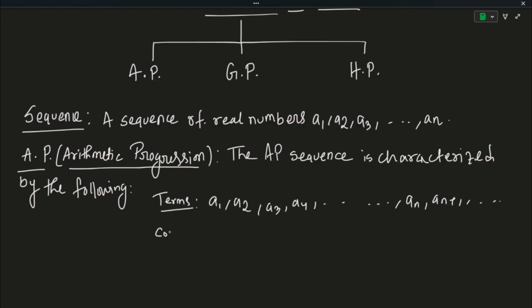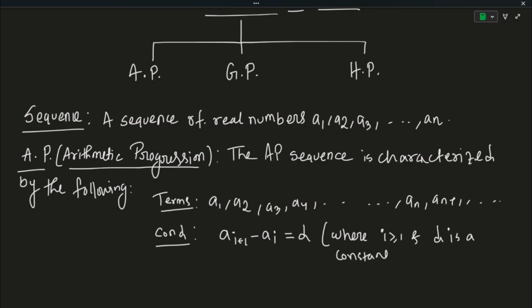Because the condition that the AP terms follow is this: A(i+1) minus A(i) is equal to D, where first, this i is greater than or equal to 1, and D is a constant. What is D? A constant. Okay.